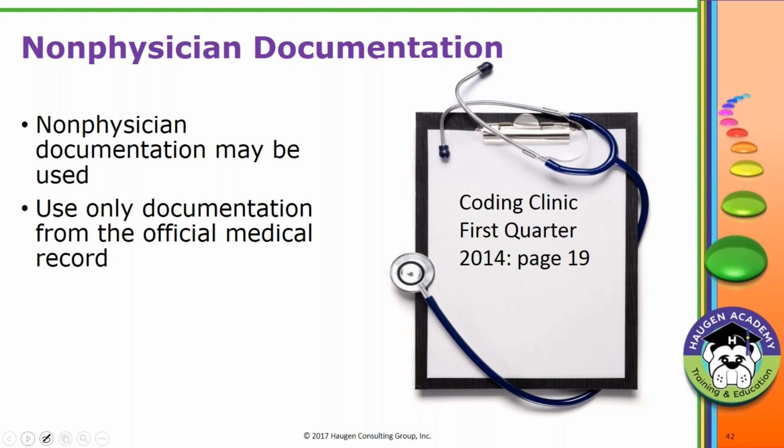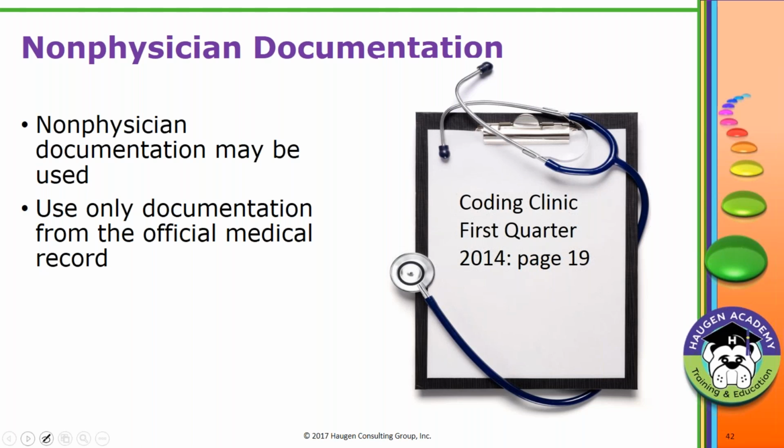And so Coding Clinic came back and said that, again, the information must be contained in the official legal medical record. Codes for those external causes are assigned based on physician documentation. But then they say, however, if the physician does not document that external cause information, coders may use documentation available from non-physicians.